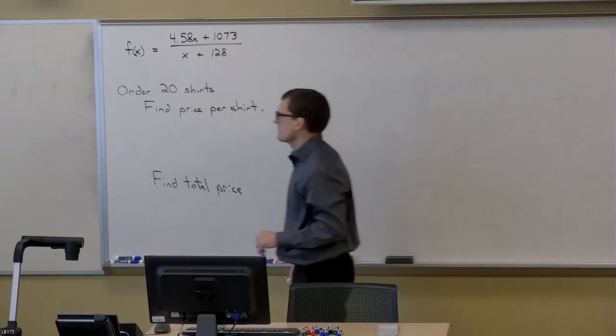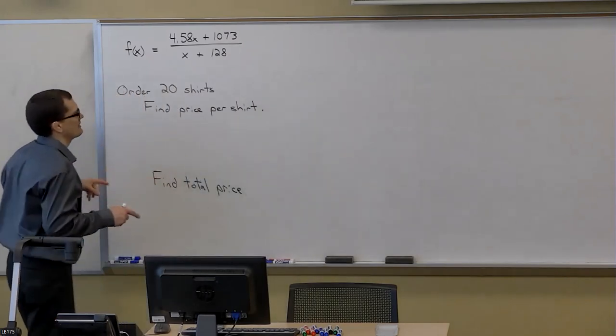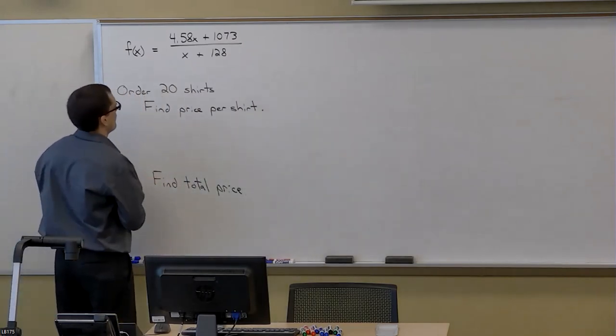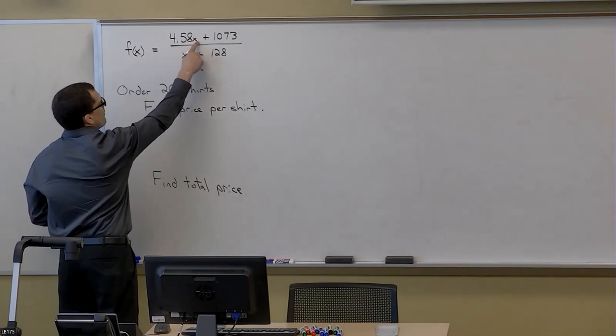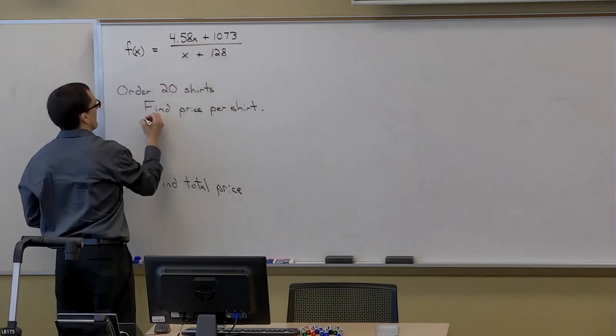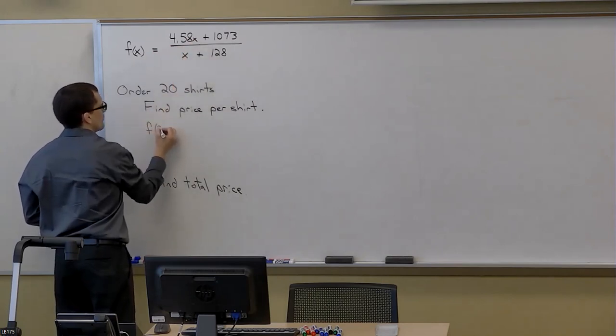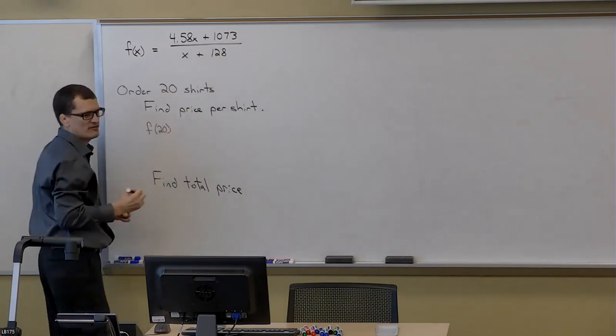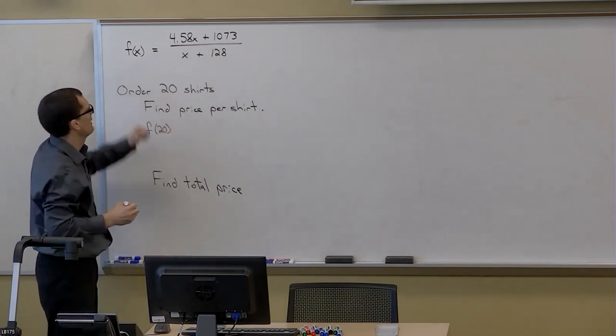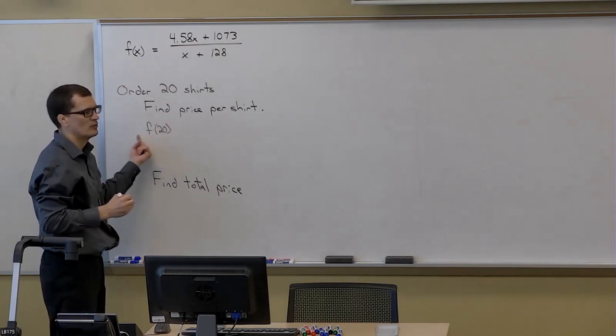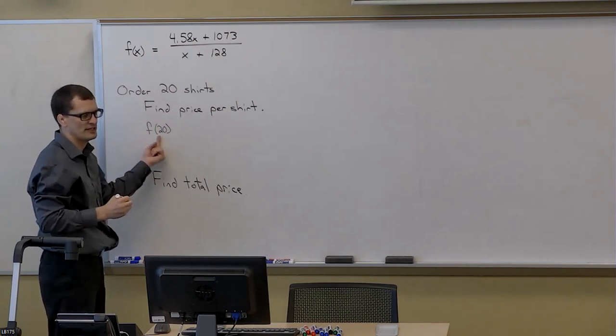All right. So if you're trying to find the price per shirt, you're going to plug in 20 into that. If you remember learning about function notation, this is f of 20. This is what's the price going to be when you put in an order for 20 shirts.